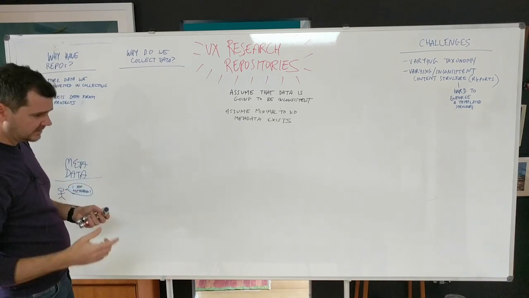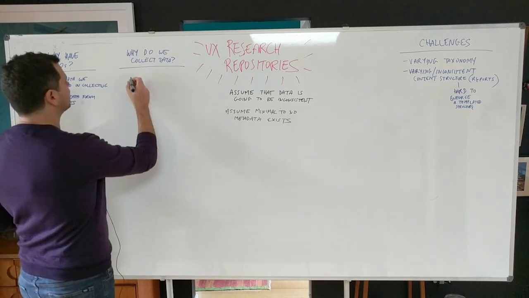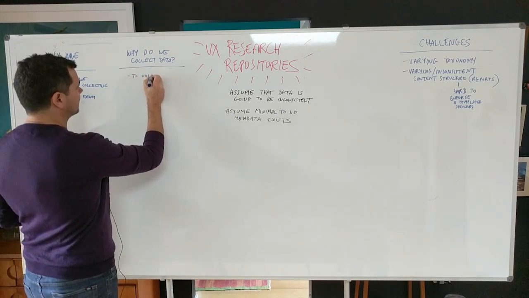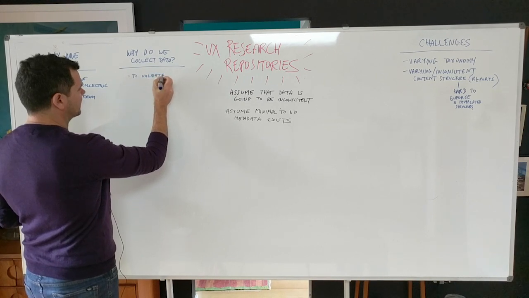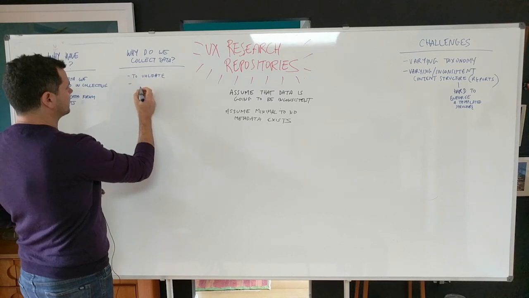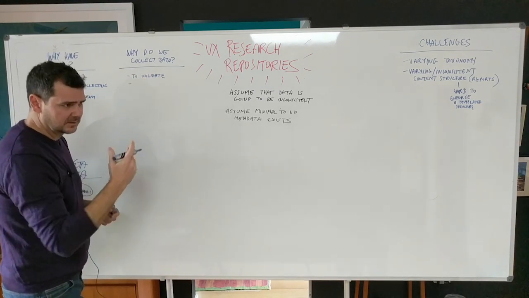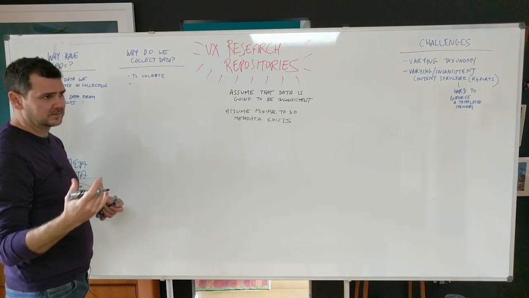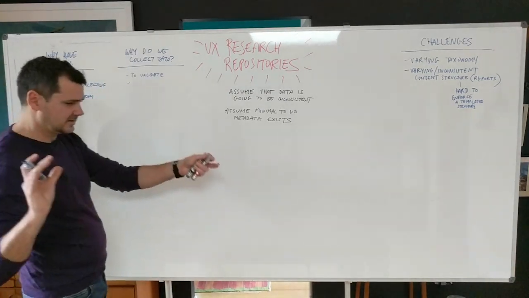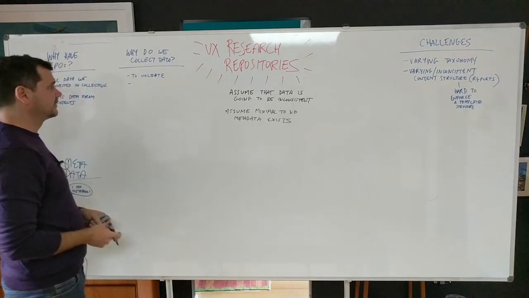What comes to mind is to validate. Validation is, I guess, you're in the solution space rather than the problem space. You're like, well, we've done this thing, let's test it.